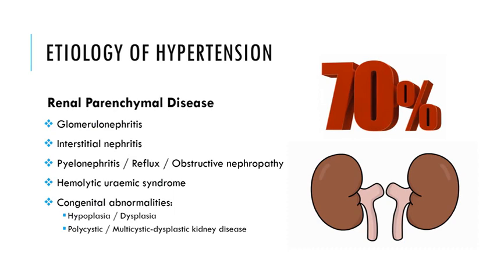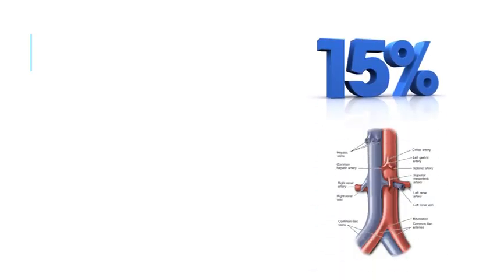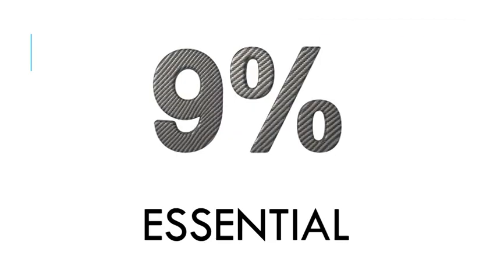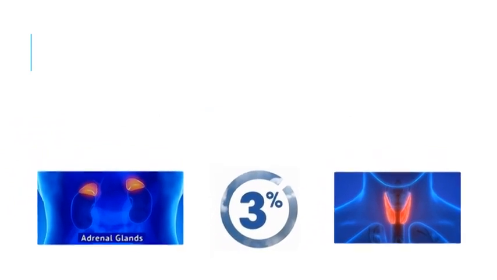And there is a nice list of potential causes. Your renal parenchymal diseases are the most common cause of hypertension. The next place to look, at 15%, is your vascular causes: coarctation of the aorta, renal artery stenosis, Takayasu aortitis. The group after that, 9%, are still essential causes.